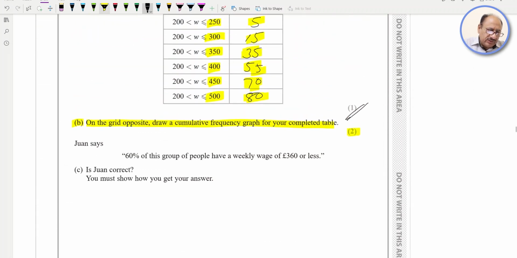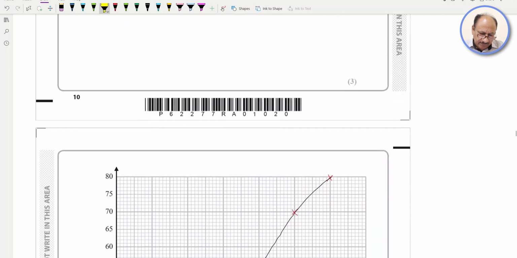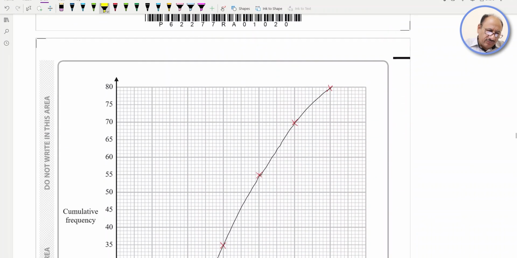Now they are saying, Joan says 60% of this group of people have a weekly wage of 360 or less. 60%. So 60% of what can we calculate? 60% of 80 we can calculate over here.